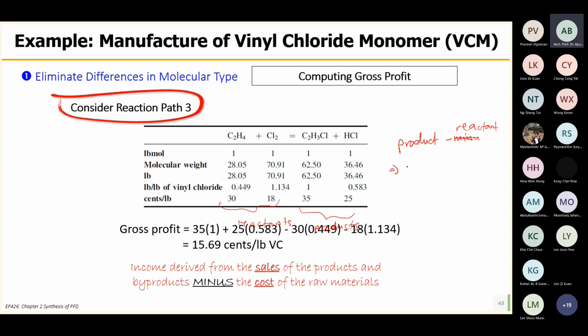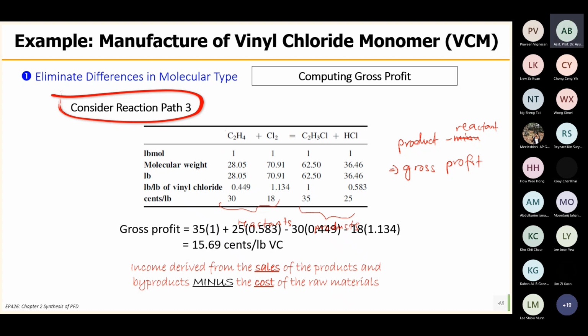Then you get the gross profit. Okay, this one is path 3. This is the gross profit that you can get using a basis of 1 pound mole. Okay.